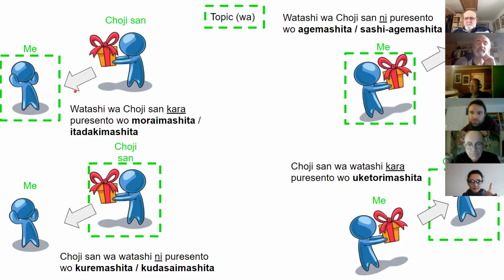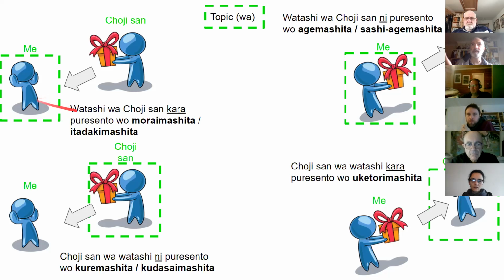Tatsi, go ahead. If we are talking about receiving on the first and fourth picture, why Choji-san uketorimashita, but I moraimashita? What's the difference between those words? So the general directive with giving and receiving is that you always make the other person higher than you.